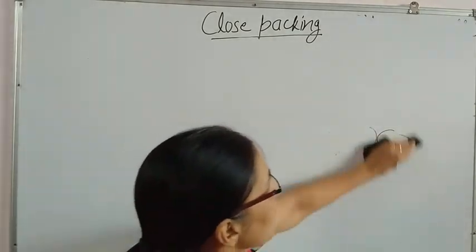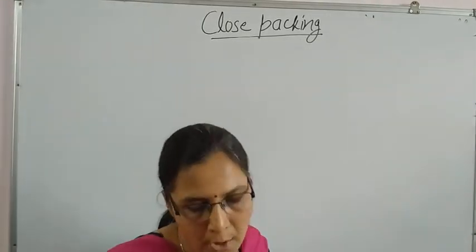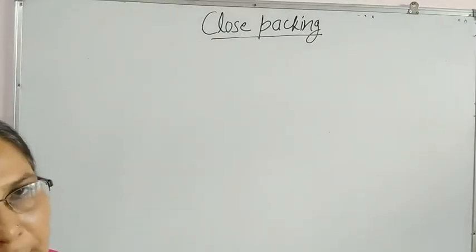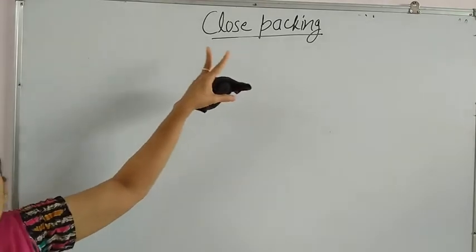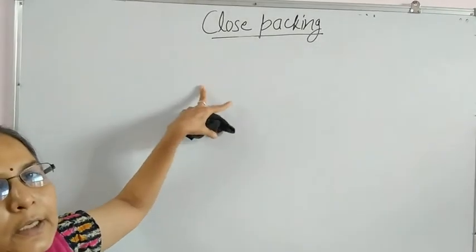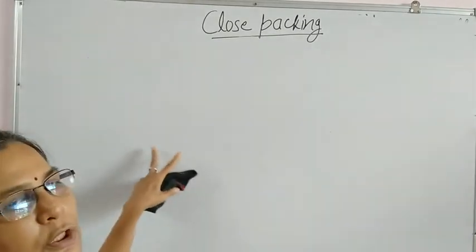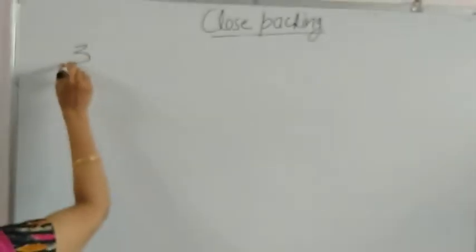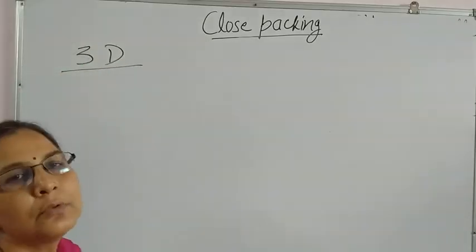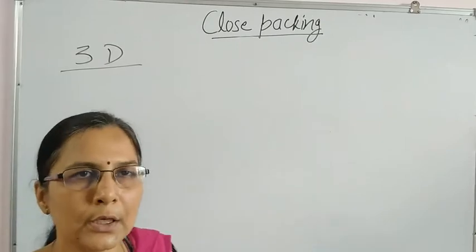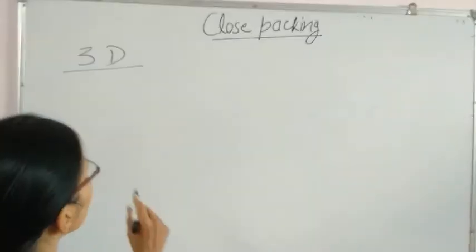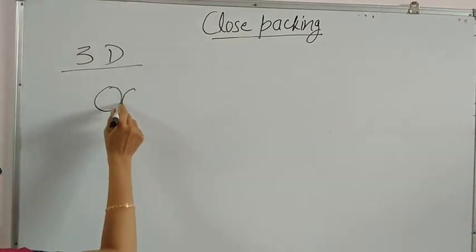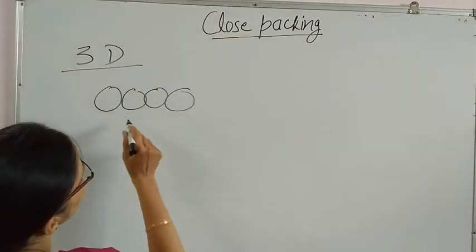But really, crystals are formed in 3 dimensions. So the most important part of our study of this standard is the 3-dimensional close packing. In 3D, we have to imagine that the second layer will be in this manner and the third layer in this manner. So I am drawing the first layer of the 3-dimensional image.